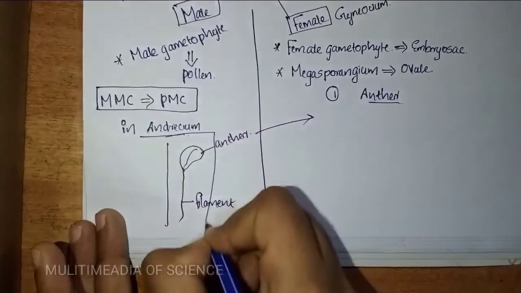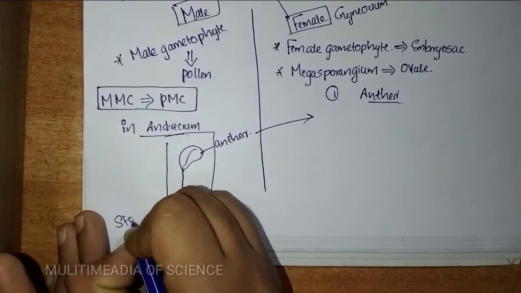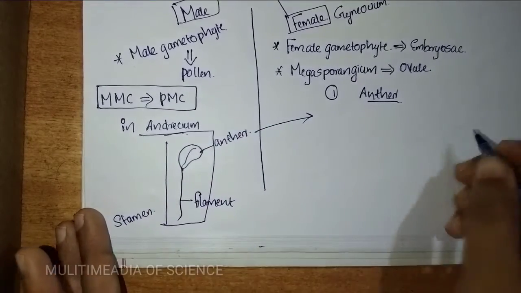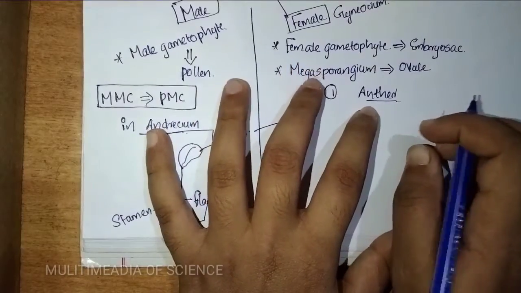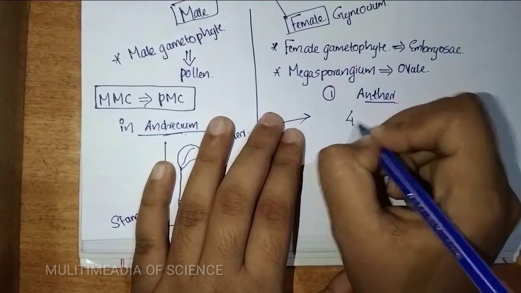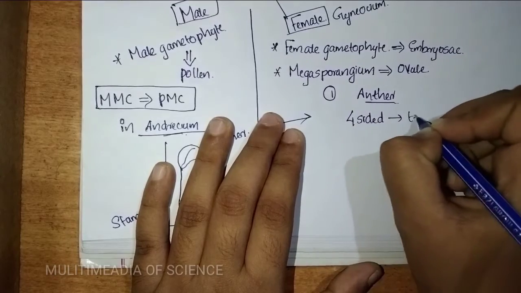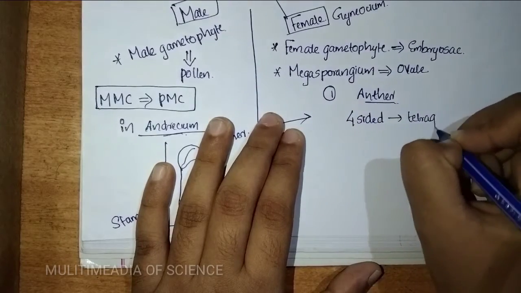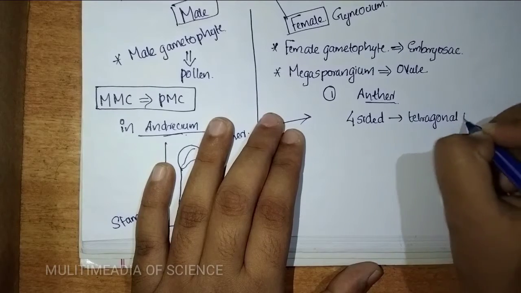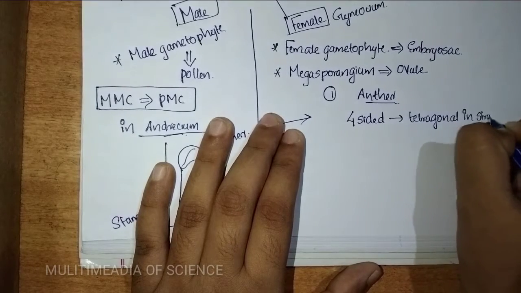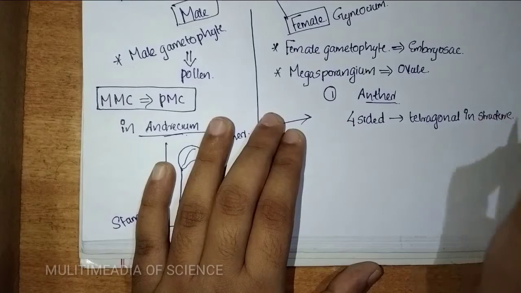This is all together named the stamen. The anther is four-sided, so it is called a tetragonal structure.